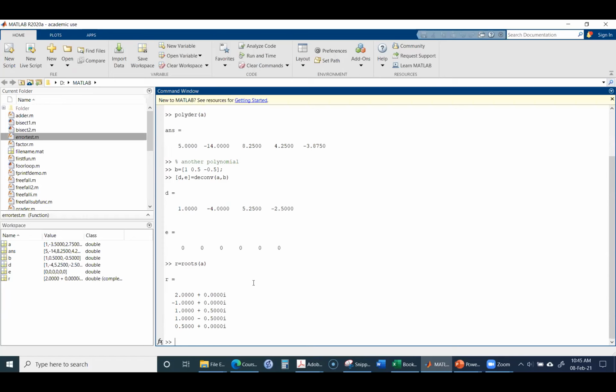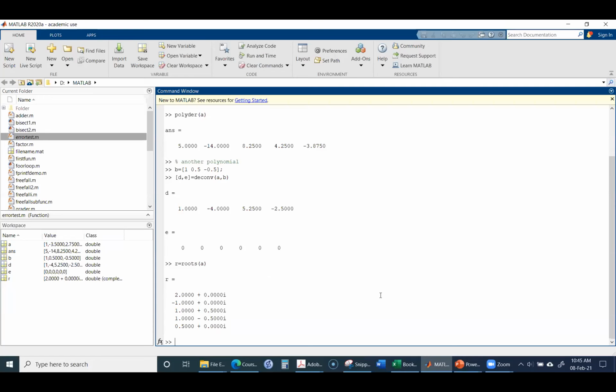Yes, 3 are real because although the format is all complex, 0 i is actually 0. So the first real root is 2, another real root is minus 1, and the third real root is plus 0.5. And then the two complex roots are 1 plus 0.5i and 1 minus 0.5i.